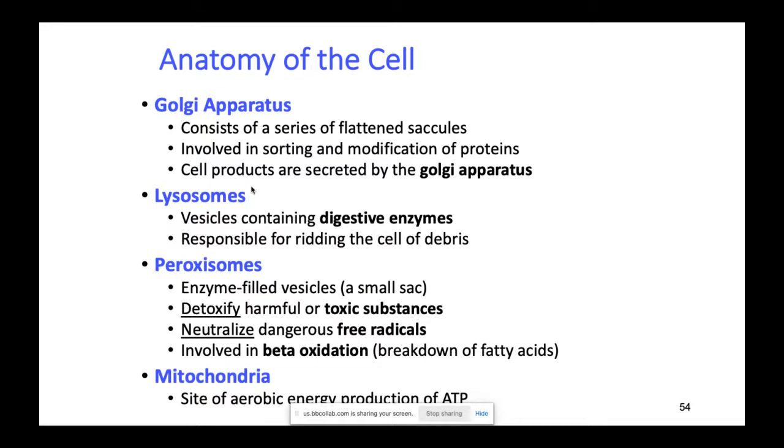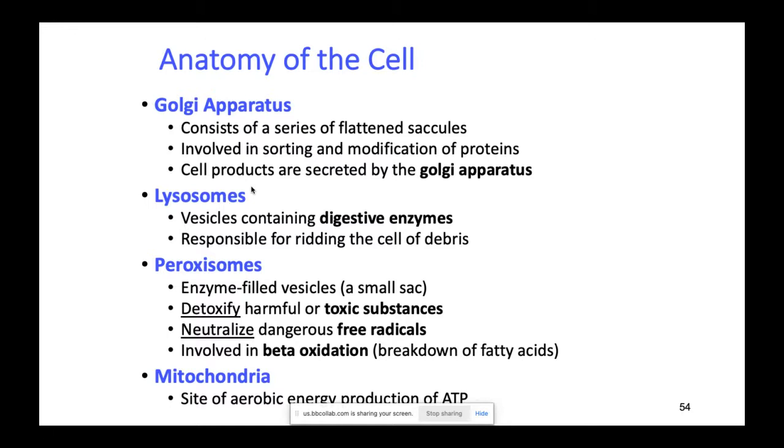And they package them and then export them out. Okay, and some of those proteins that are packaged can be shipped outside of the cell. Maybe it's a digestive enzyme, maybe it's a neurotransmitter, maybe it's a hormone that needs to be shipped out, and then it uses a method called exocytosis.